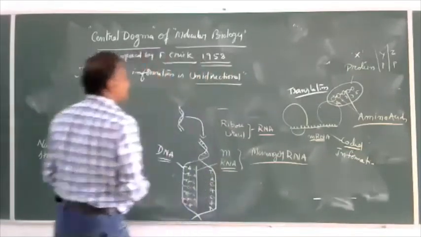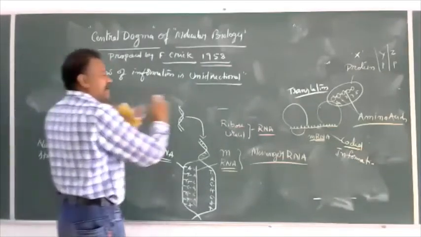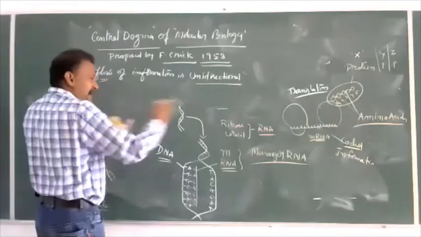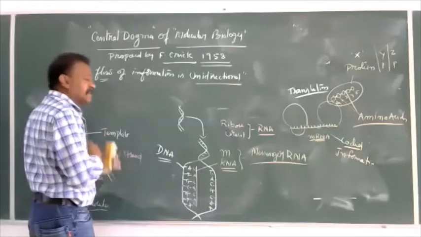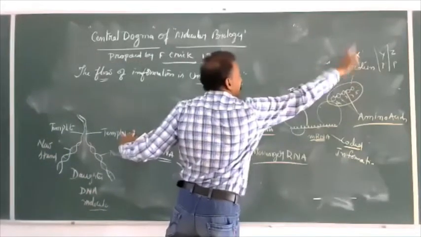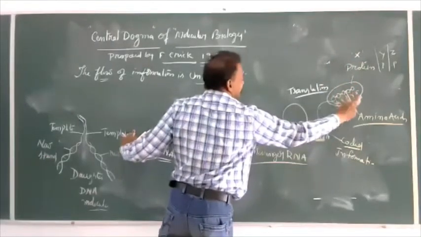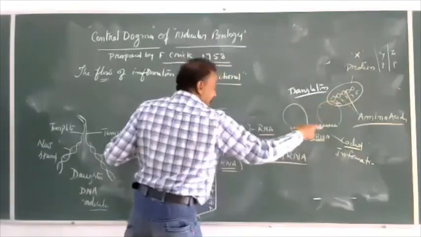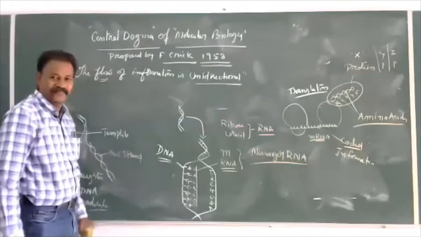What does unidirectional mean? Always in one direction: the flow, movement, transmission of information. Information means regarding which type of protein, in which cell, what the sequence of amino acids is, and how this sequence was made. All this is directed by DNA.